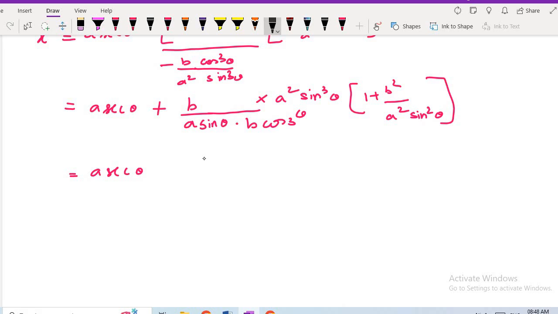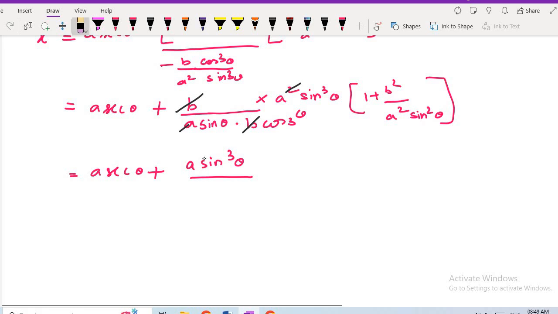Before that, what are the terms cancelling? You can cancel b and b, and this a and a cancel. So for the rest of the term we can write plus a sine cube theta divided by, yes, this sine also cancels. If you cancel the sine, we are getting the square here, and here also square.